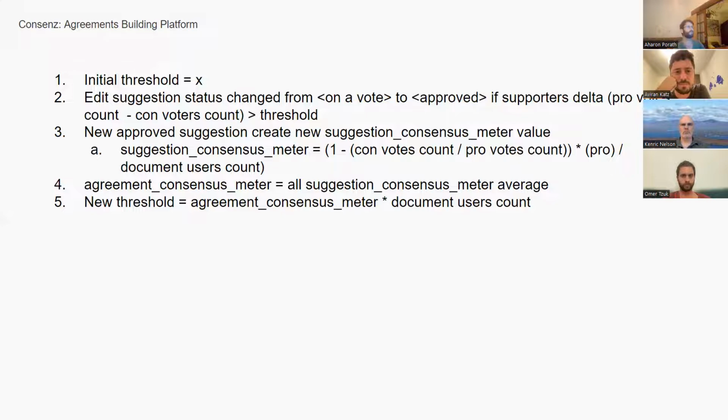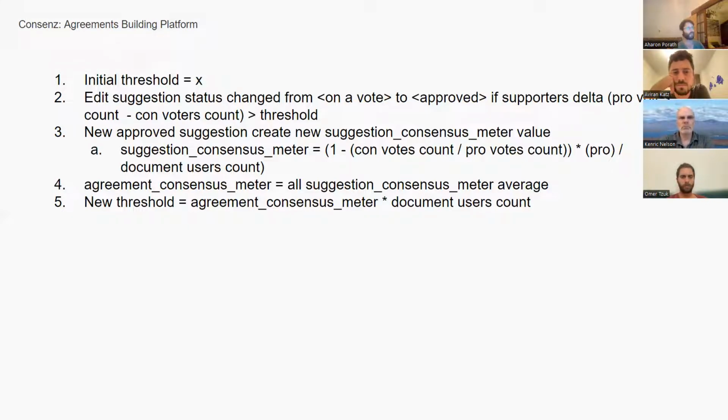So by that we are using the voting as one number to take into consideration, and the whole participants of the process as another, because not all the participants will vote on all of the suggestions, but we do want to count them as part of the process, and this is why the document user count is part of this formula.